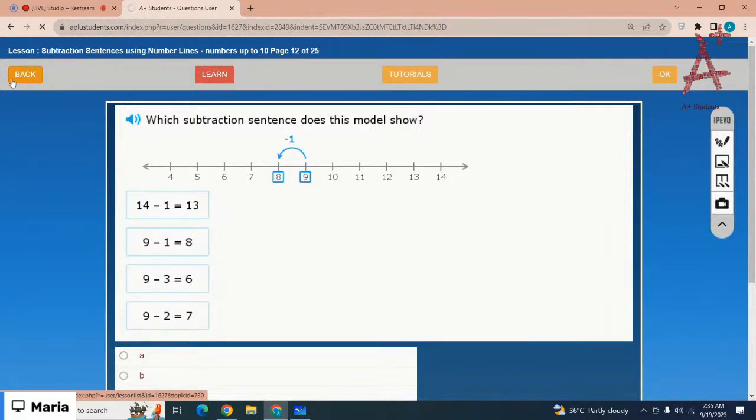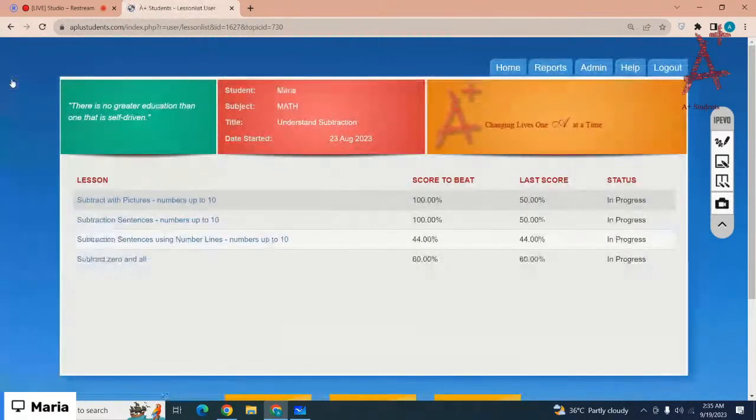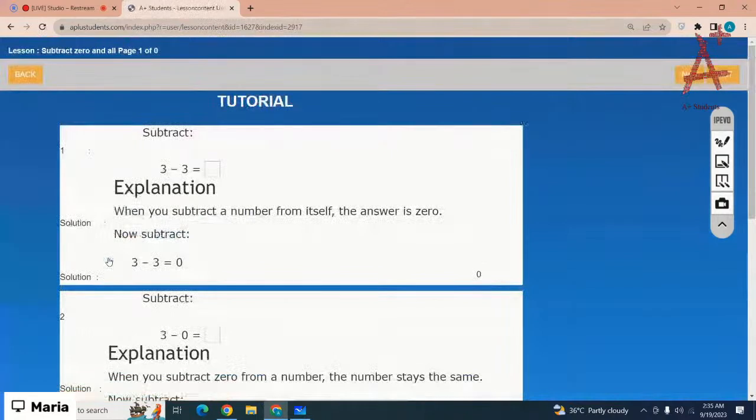The next lesson is very, very easy. You have to see how you subtract 0, right? Subtracting 0 means you subtracted nothing. When you subtract a number from itself, the answer is 0. For example, 3 take away 3: you're subtracting 3 from itself, so you are left with 0.